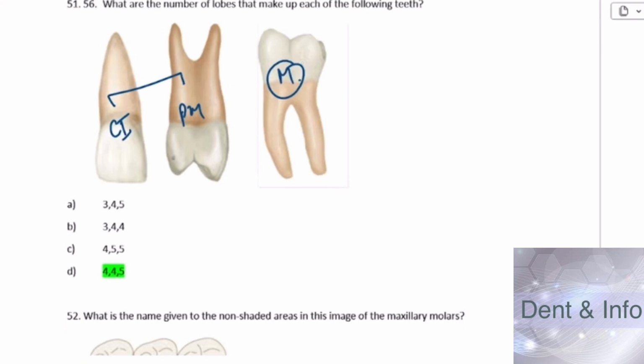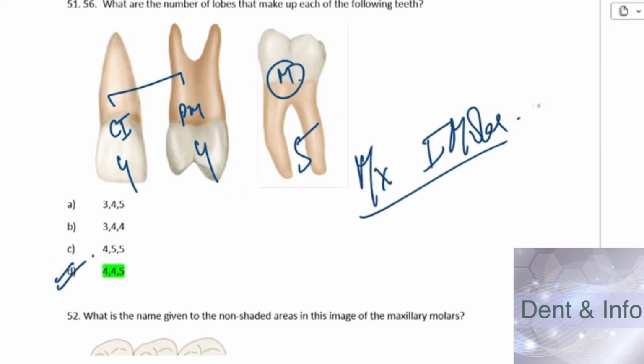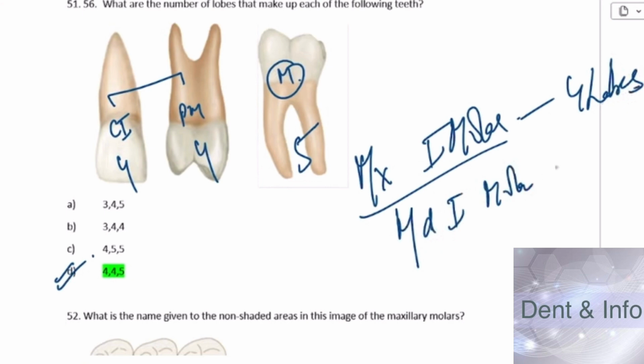So here it will be 4, 4 and 5. Okay, option D. For maxillary first molar, even if they have not mentioned cusp of Carabelli, we will take 4 lobes. For mandibular first molar, 5 lobes. Number of lobes is equal to number of cusps. Okay.